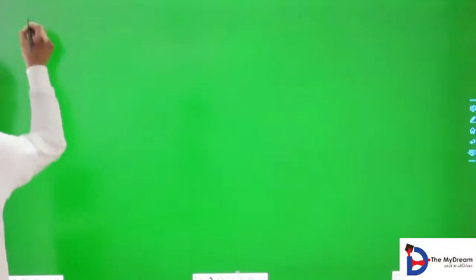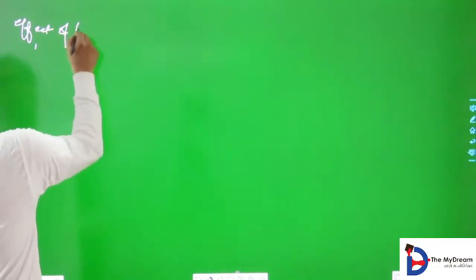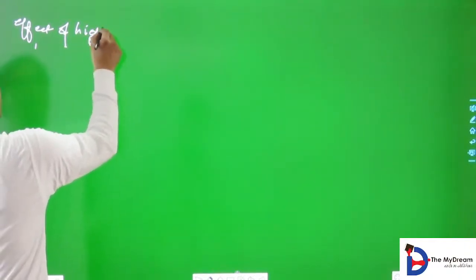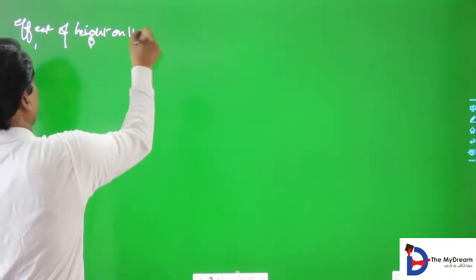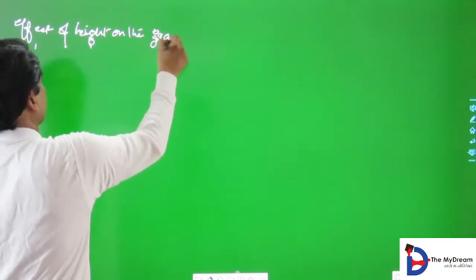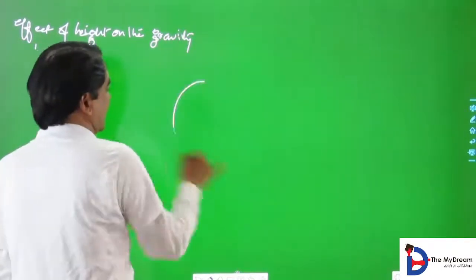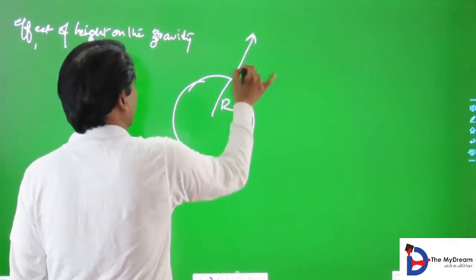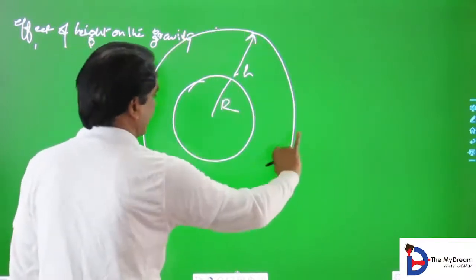Now, effect of height on the gravity. This is the Earth, is supposed to be spherical, and you want to discuss the gravity at this certain height.